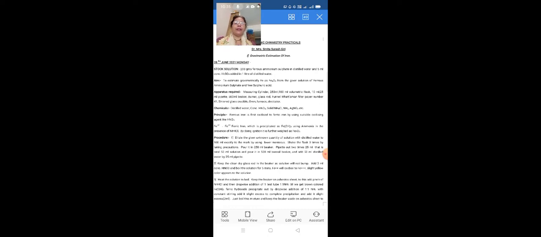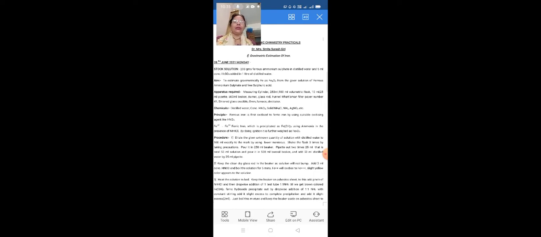For this purpose, we will require the stock solution. The stock solution to be prepared is 200 grams of ferrous ammonium sulfate in distilled water, and 5 ml concentrated H2SO4 added, made up to 1 liter of distilled water. This makes the stock solution required for the gravimetric estimation of iron.